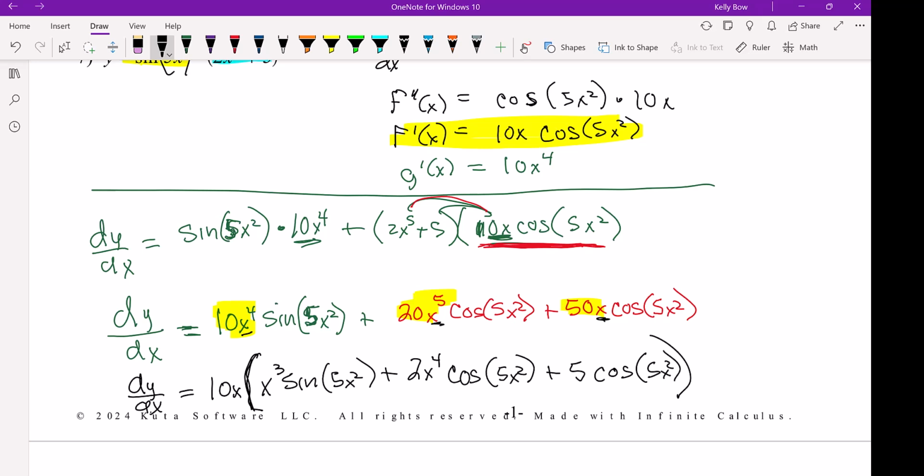So this lower one down here is how that would simplify. So you do have to be careful. I almost made that critical mistake there. All right, so those are working with trig derivatives.